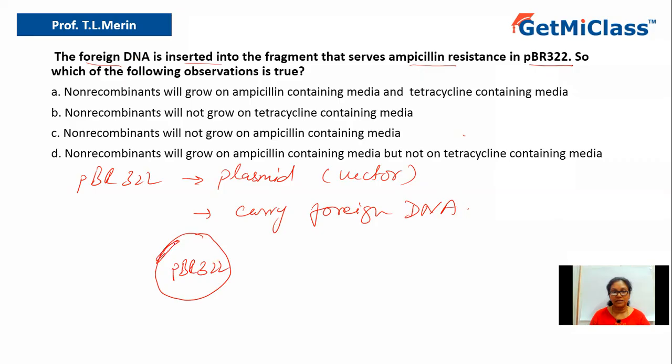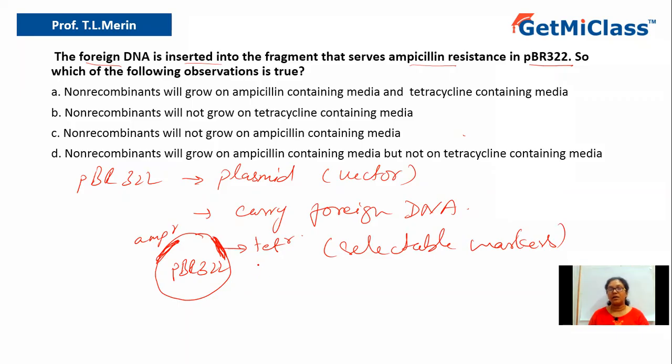AMP resistant is the ampicillin resistant gene. PBR 322 has two antibiotic resistant genes. One is AMP and the other one is TET resistant gene. These are selectable markers. They help in checking whether the organism will grow in the presence of ampicillin and tetracycline or not.